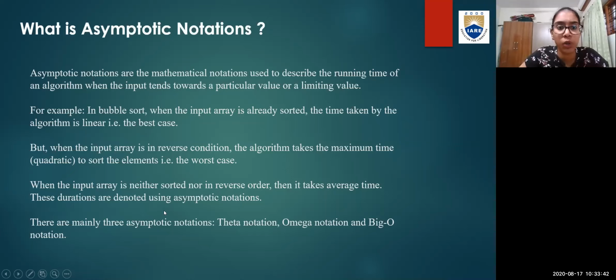Now, these durations are denoted using asymptotic notations. Basically, they are used to know the running time of an algorithm. Whenever you want to know the durations or the running time of an algorithm, they are denoted using these asymptotic notations. There are mainly three types of asymptotic notations: big O notation, big omega, and theta notation.